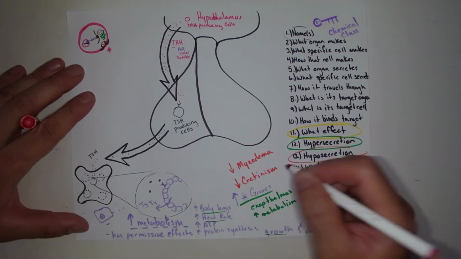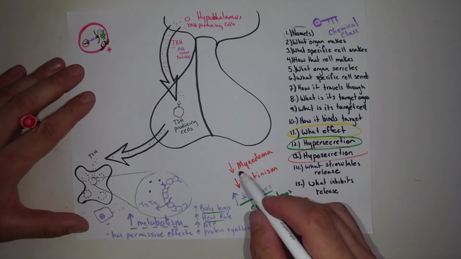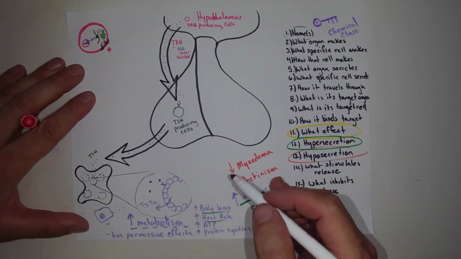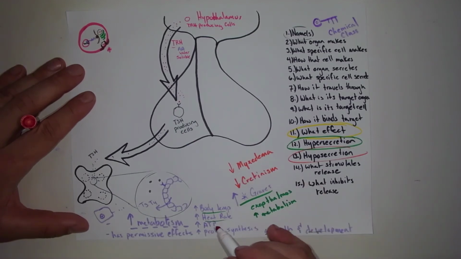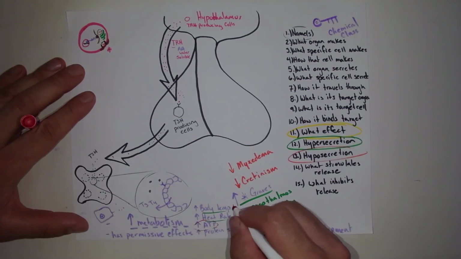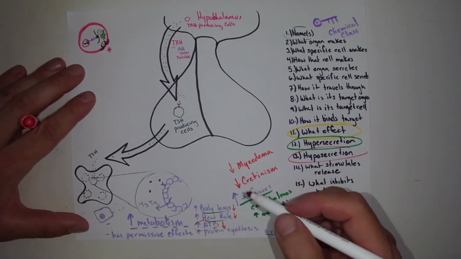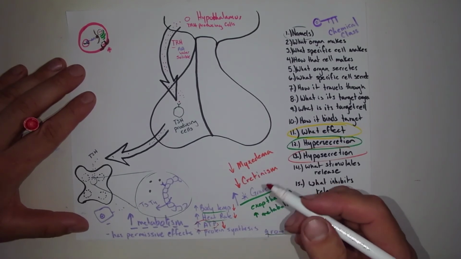With myxedema, you're going to have slower metabolism, so lower body temperatures, lower heart rate, lower ATP production, even weight gain. Sluggish thinking, because the neurons just don't have enough of all this stuff going on to really energize the cells and conduct nerve impulses properly.